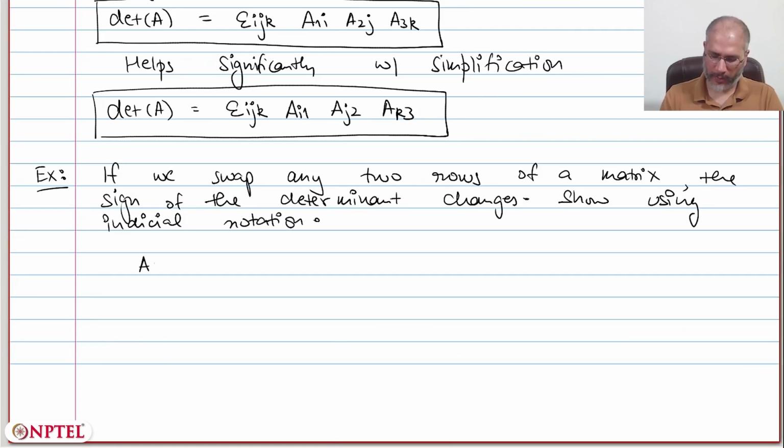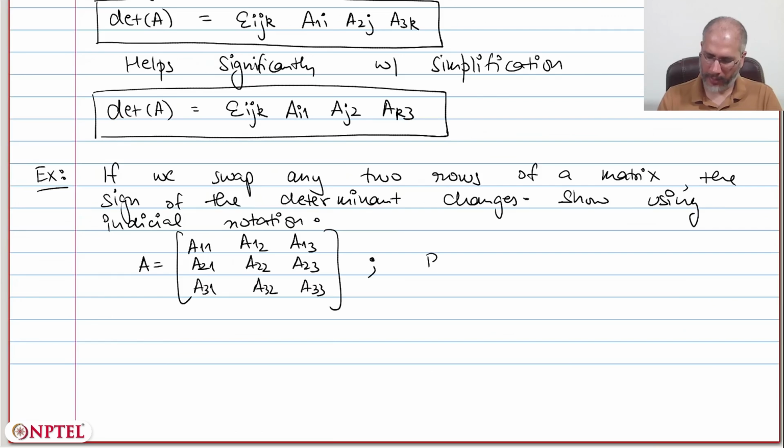So let's take a matrix A and another matrix B where we have swapped the first two rows of A.